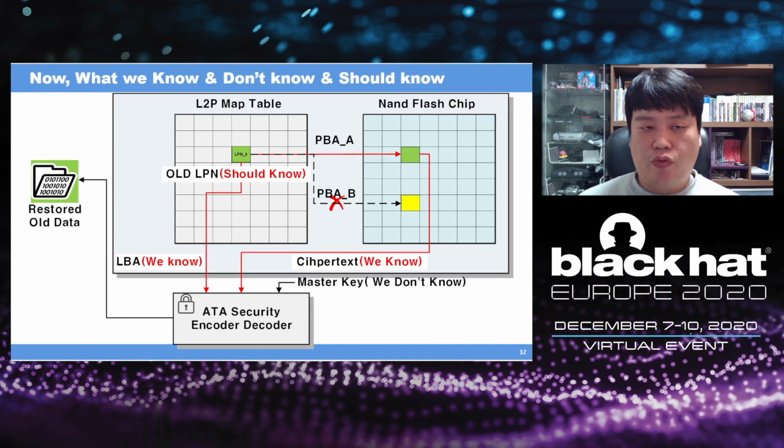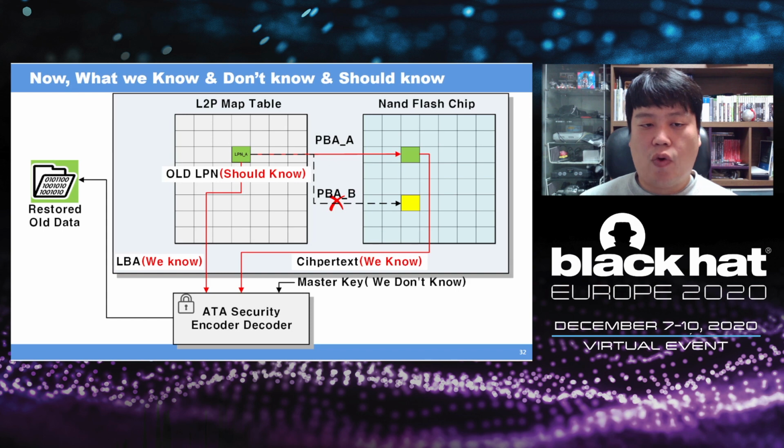It means that we should send the LBA corresponding to the encrypted block to the SSD controller, and then it would be decrypted properly. However, it is hard to know the LBA corresponding to a given LPN because LPN does not contain any information about LBA. It is the same question as finding the LBA corresponding to ciphertext.